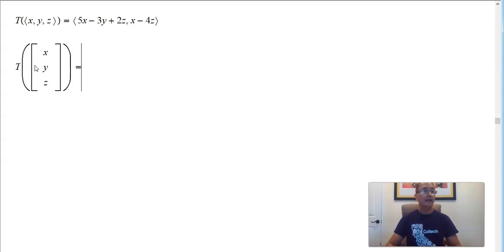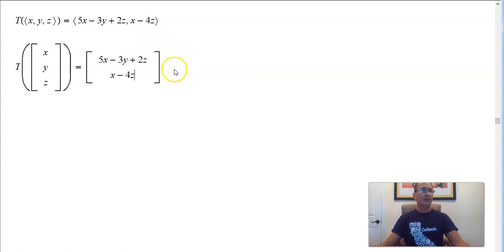Okay, and then we're going to write the output vector also as a column matrix. So this time I only need a 2 by 1. I can copy that. And the formula says 5x minus 3y plus 2z in the first component, and x minus 4z in the second component.